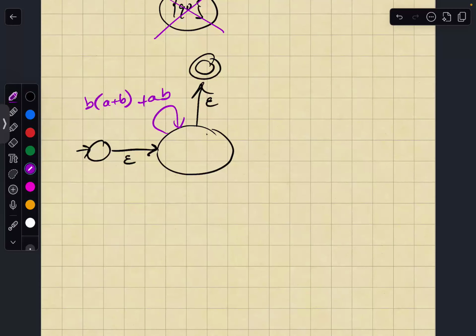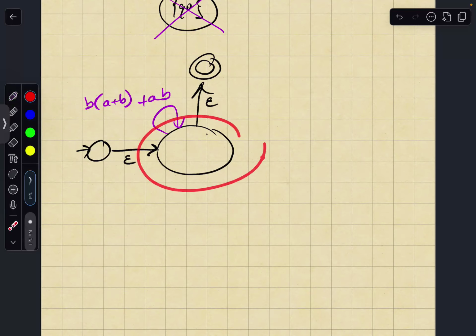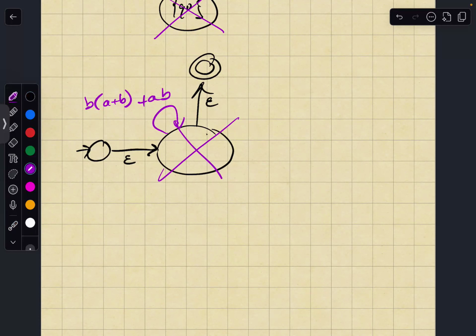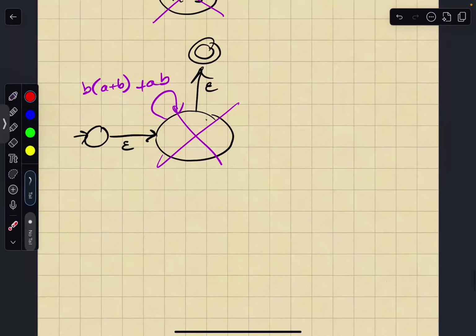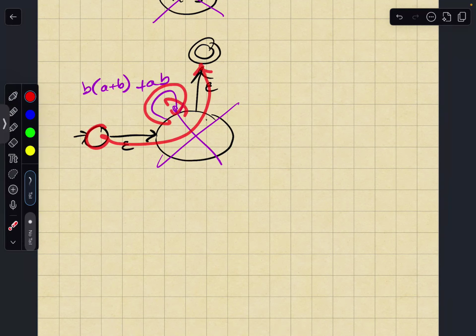So I have this, and now I want to delete this huge state. To delete this huge state, I have to account for the logic that it allows me to have in my machine. Well, what's the logic? It essentially allows me to go from here to here by looping many times. Well, what is looping many times in terms of regular expressions? It's a star operator.